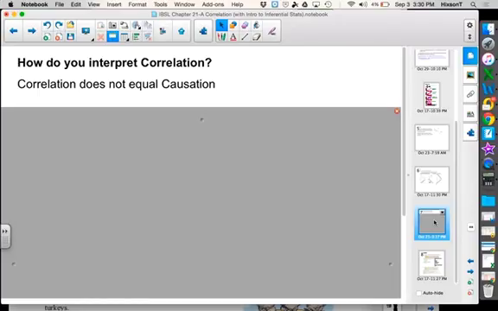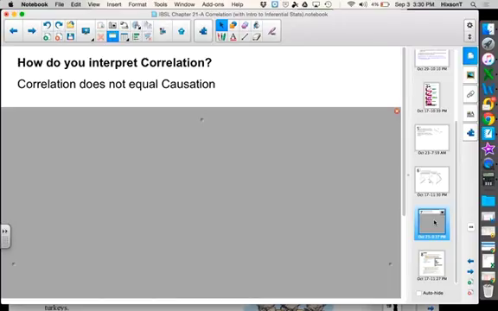If you do the correlation test for your IA, you need to make very certain that you do not imply any kind of causation. But what do we mean here? Okay? What we mean is that just because two things are related does not mean that there is any kind of cause and effect. All right?